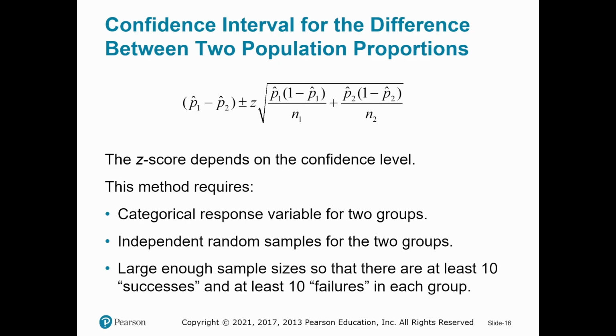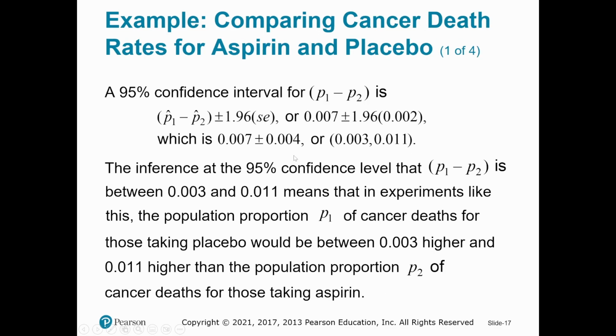And alpha over 2 would be 5% divided by 2, which would be 2.5%. And if you look up that critical value, you'll find the familiar 1.96 from your college Stats 1 class. Okay, so this is a formula. We're really going to just plug it in, and let's do this.